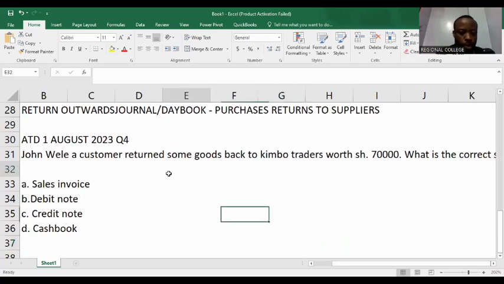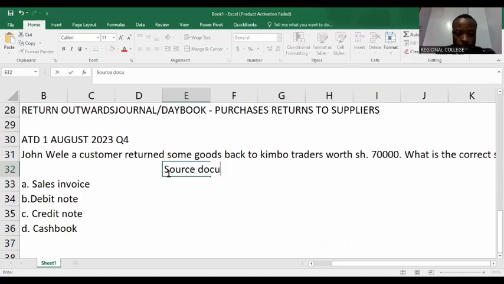So that means, first of all, you have to know what the source documents are, because whatever you're recording to the journals is coming from the source documents. The source document is just the invoices. Anytime a customer has come to your business for the first time, you have to issue an invoice based on whatever you are selling or buying.